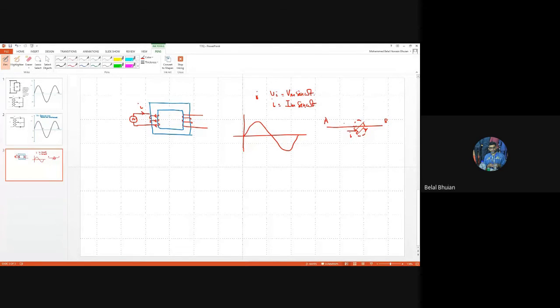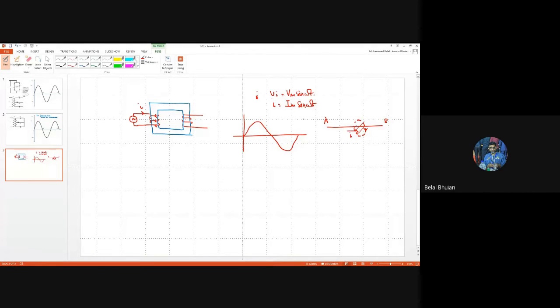So the current through a wire creates a magnetic field, that is, magnetic flux, which is also called phi.